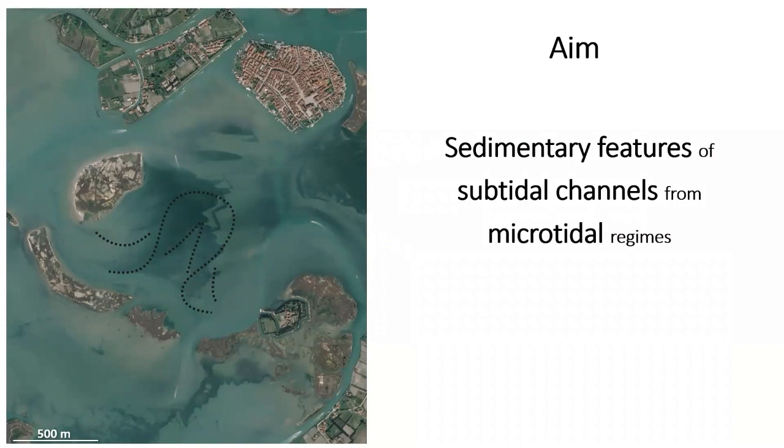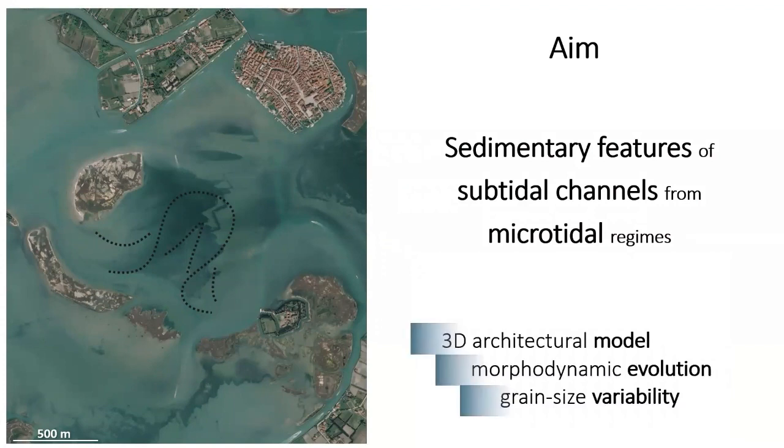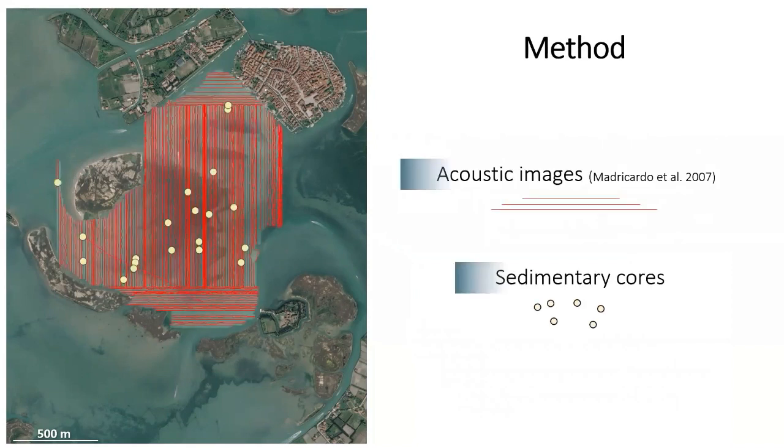And specifically, we would like to develop a three-dimensional architectural model of the studied buried channel, analyzing its morphodynamic evolution, and going into detail about the grain size variability within point bar deposits. To do that, we analyzed a huge number of high-resolution acoustic images that were previously acquired with a single beam echo sounder.